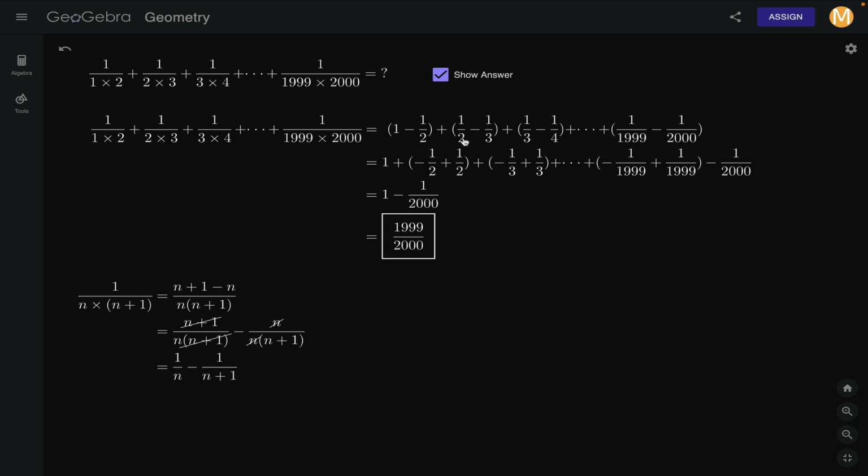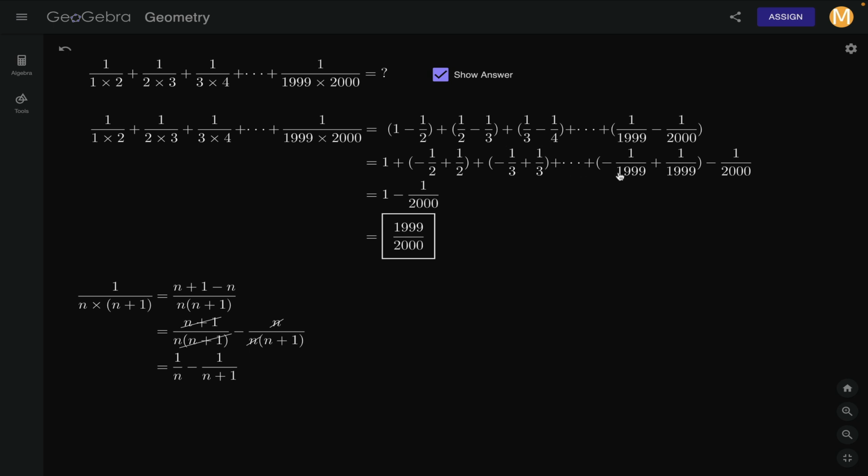And according to associative property, again we can regroup the parts of the same with the opposite sign together. Minus 1 over 2 plus 1 over 2, plus minus 1 over 3 plus 1 over 3, and so on.